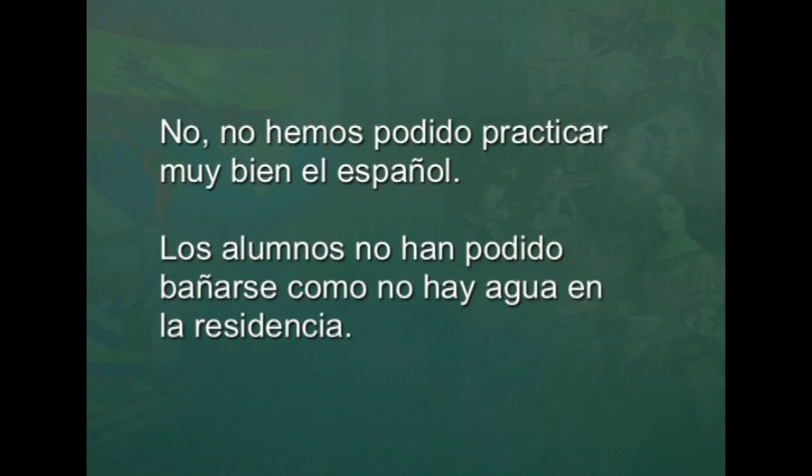We haven't been able to practice Spanish very well. Los alumnos no han podido bañarse como no hay agua en la residencia. I hope you can now make sentences to express events in the recent past using pretérito perfecto.